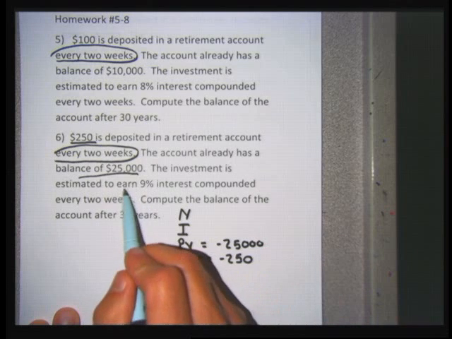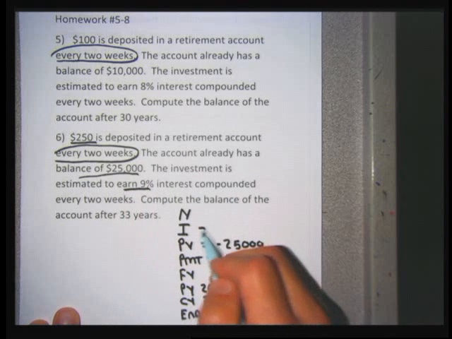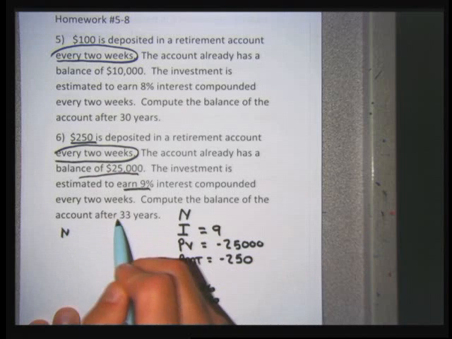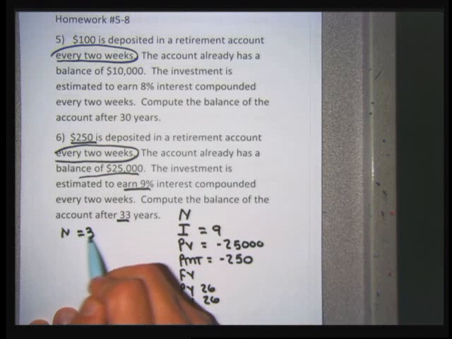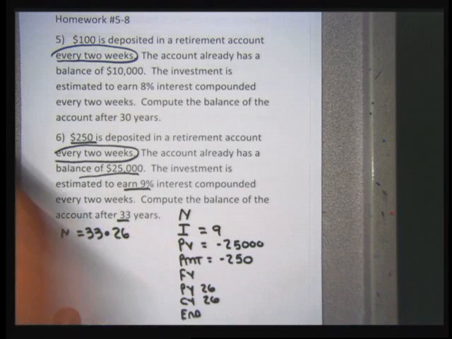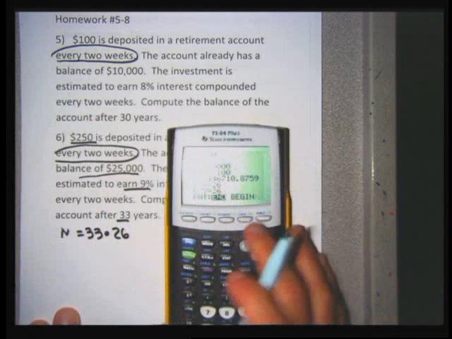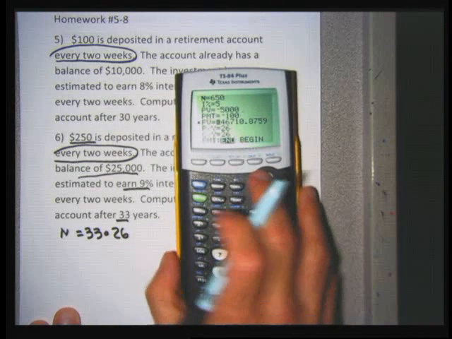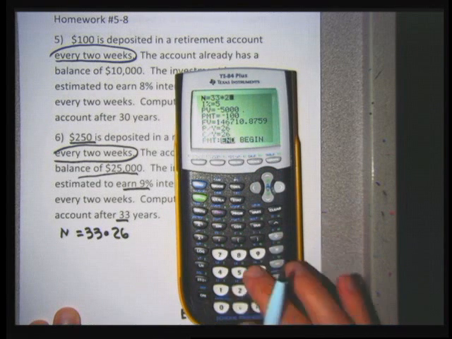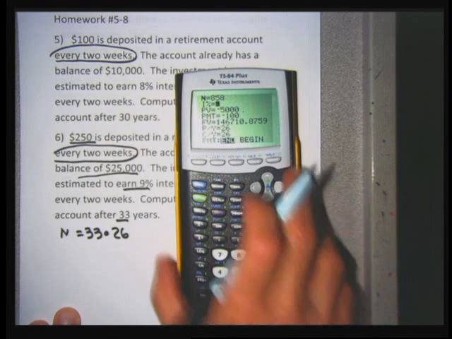The interest rate is 9%. And the N has to be the number of years times the PY. So the N is going to be 33 times 26. If I just scroll up to the N and type 33 times 26 right in the N, gives me my N is 858.